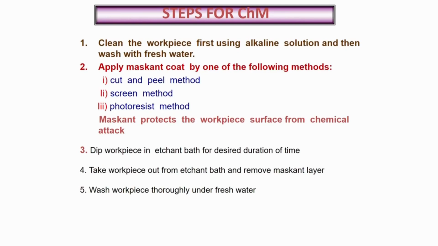Take the workpiece out of the etchant bath after machining and remove the maskant layer. After that it has to be cleaned thoroughly under fresh water. These are the steps of the chemical machining process.